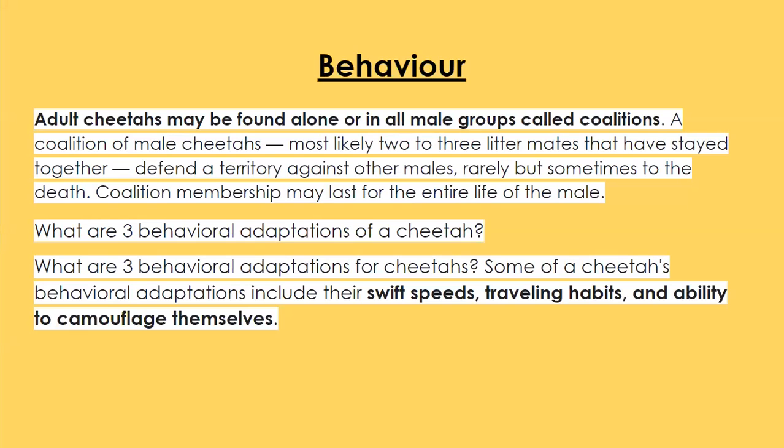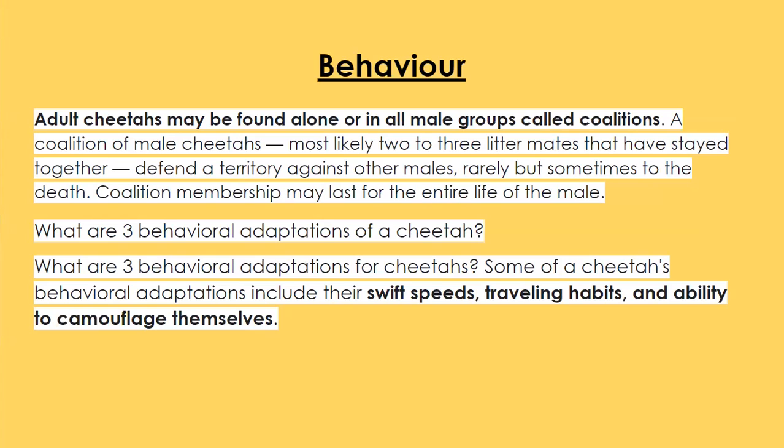Okay, we'll talk about the behavior now. Adult cheetahs may be found alone or in all-male groups called coalitions. A coalition of male cheetahs, most likely two to three littermates that have stayed together, defend a territory against other males, rarely but sometimes to the death.